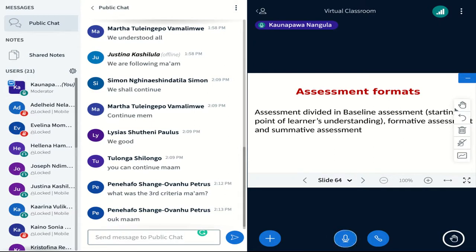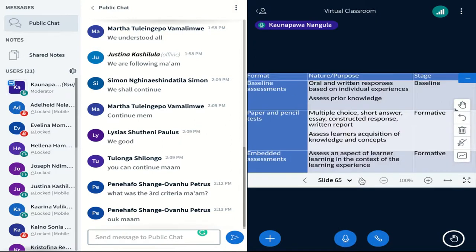So we're going to look at the table that has different types of assessment, divided according to the stages. All right. So here we have got the stages on this side, here the format, and then the nature. Okay. So how many stages did we say?